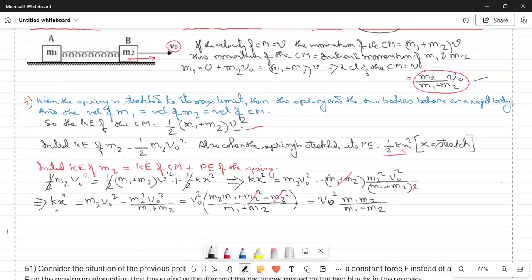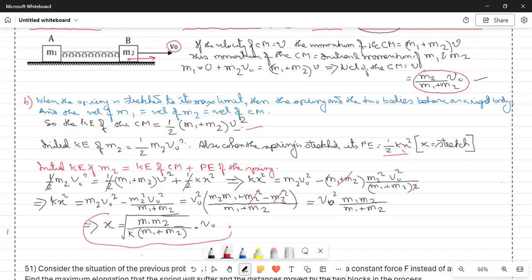Now on the left hand side, I had K and x square. So X is equal to V0 times the square root of M1 M2 divided by K times (M1 plus M2), and under root of V0 square is V0.